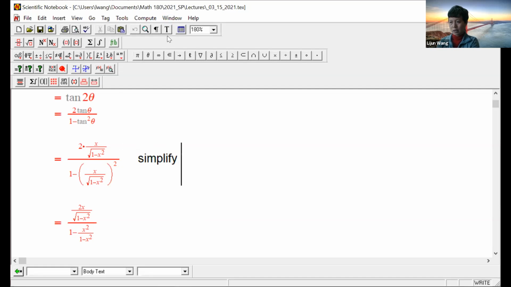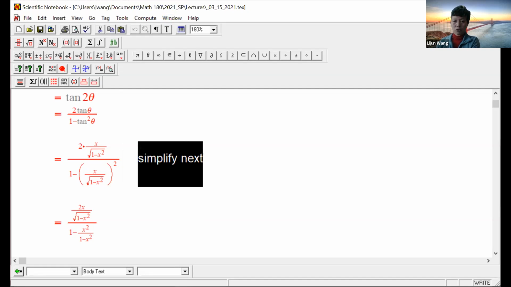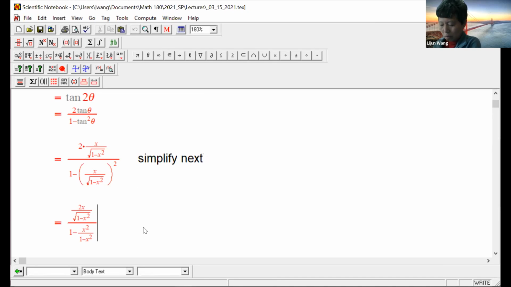Simplify next, okay? These words are for lecture use only. You don't need to use these words. I'm just telling you what I'm doing here. And then you're going to find a common denominator. This is a complex fraction, right? You learn complex fractions in probably intermediate algebra. So from now on, I'm going to write it horizontally.